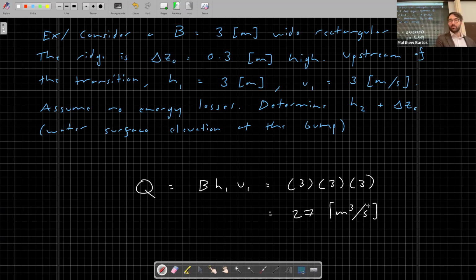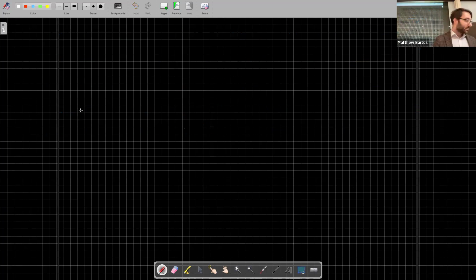Let's go ahead now and plug in some of these values into our energy equation. I'm going to rearrange things first so that we can specify everything that we know.